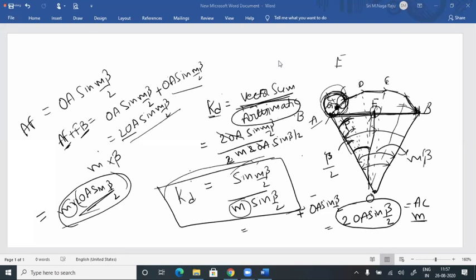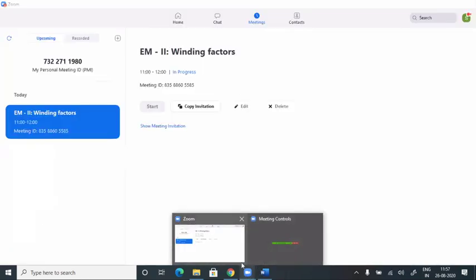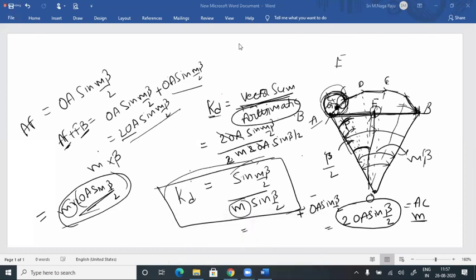Write down: a 3-phase 4-pole alternator has 48 stator slots carrying a 3-phase distributed winding.